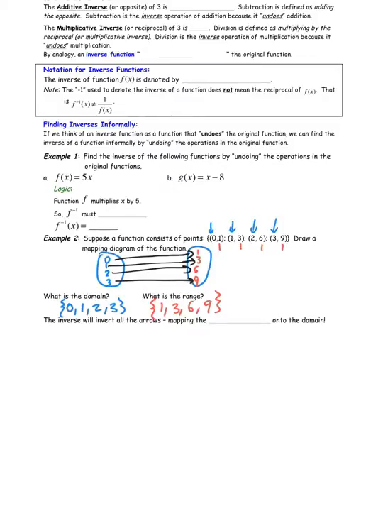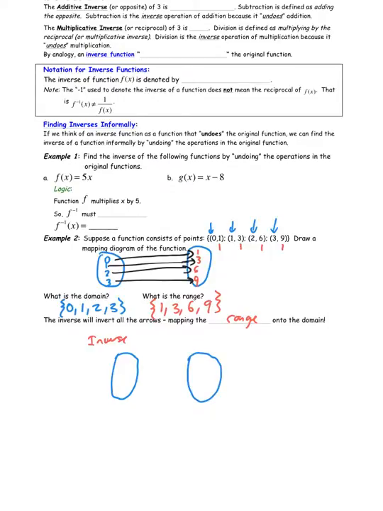The inverse, so what an inverse function does, it undoes the original function. So it's going to invert all the arrows, and it's going to map the range onto the domain. So if we're going to map the inverse, I can do that now. So I'm going to make a new mapping diagram.